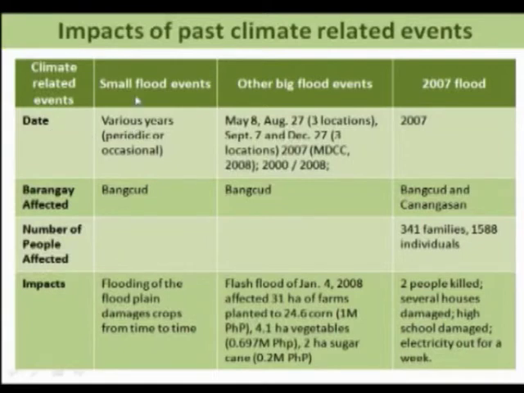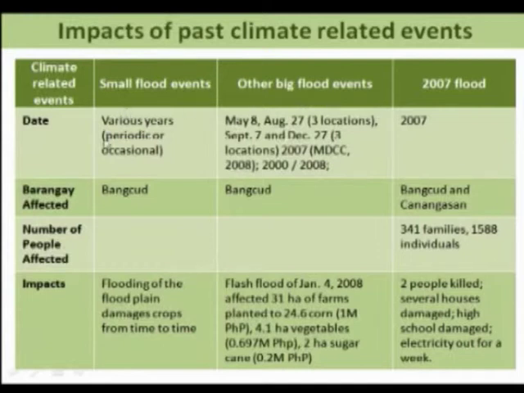For instance, here they identified small flood events that occurred in different years. And they identified big flood events that occurred in certain months, such as May 8, August 27 of a particular year. And then you also ask them about what are the communities affected. Here, they identified different communities that are affected by the different climate events.